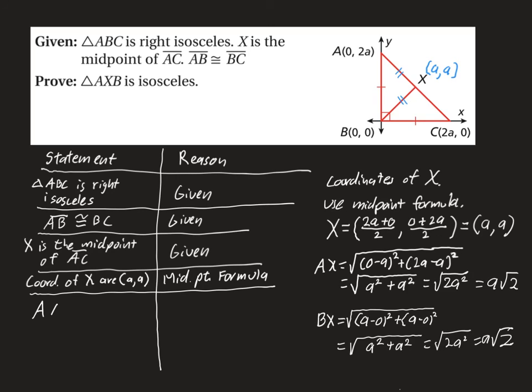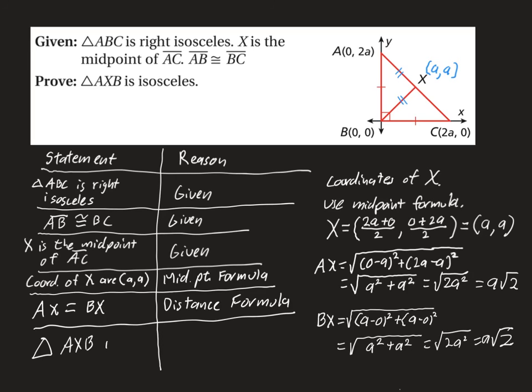So now we can say that AX is equal to BX by using the distance formula. We justified these 2 markings here. And then finally, we can say that triangle AXB is isosceles. And that's because of the definition of isosceles triangle.